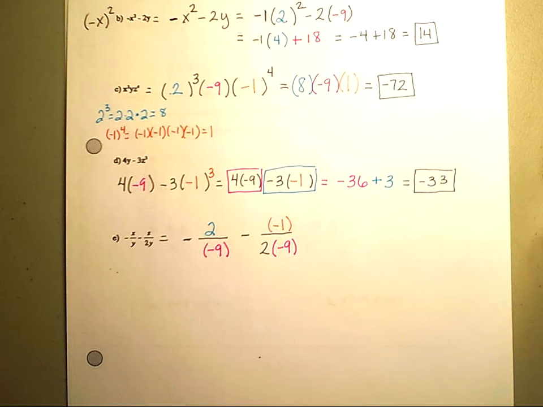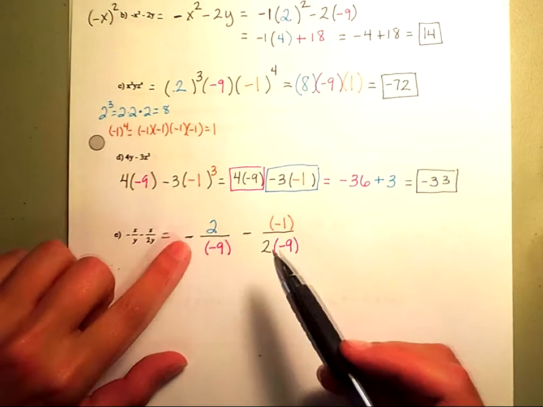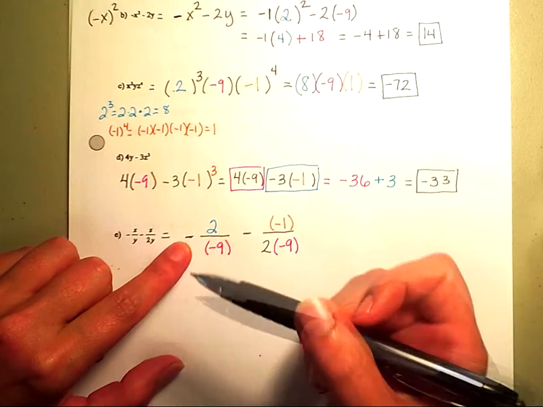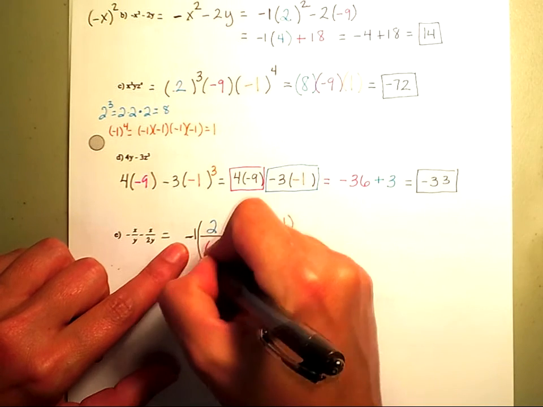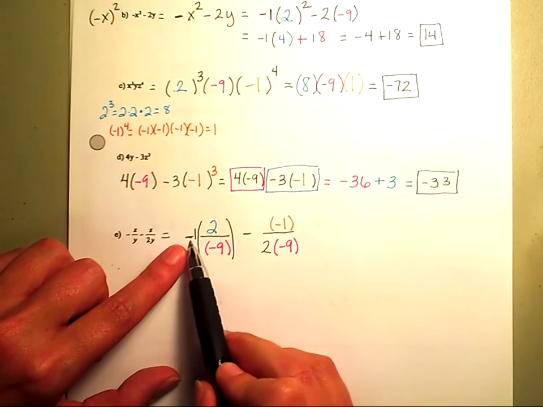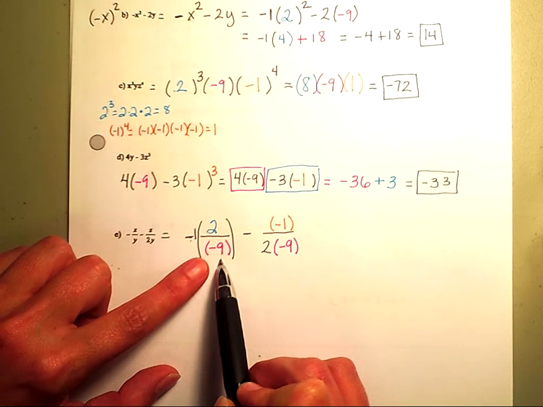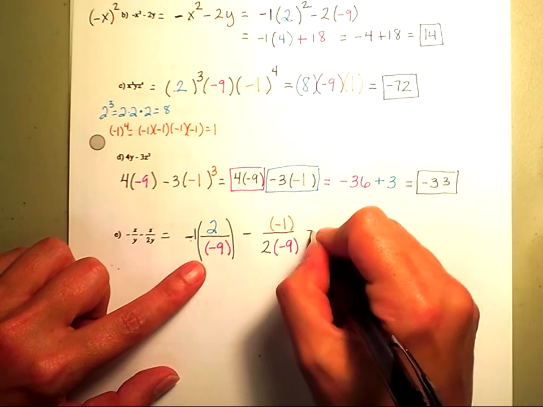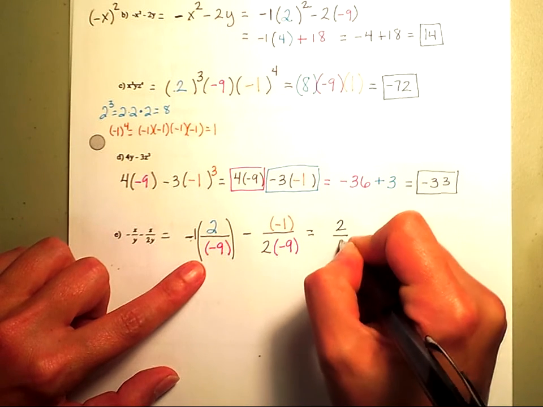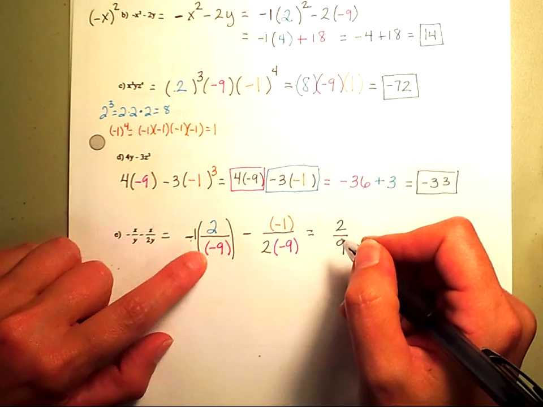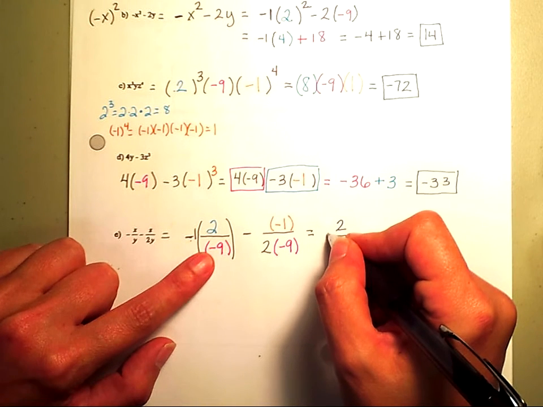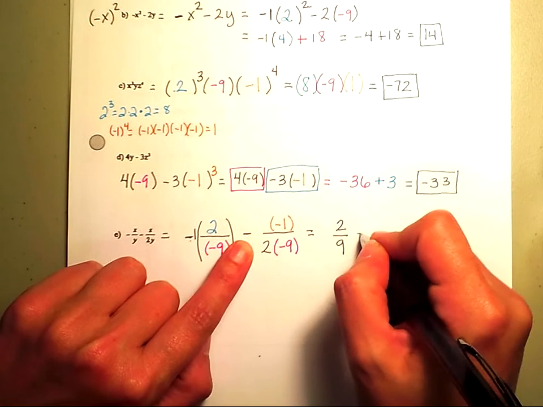So first of all, let's simplify the negatives. Here you can think about this as a negative 1 times this. So if you have a negative 1 times negative 2/9, this will become positive 2 over 9. A negative and a negative become positive. Now let's copy the subtraction sign.